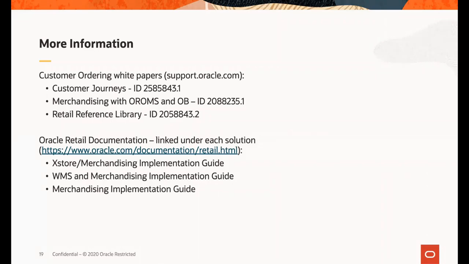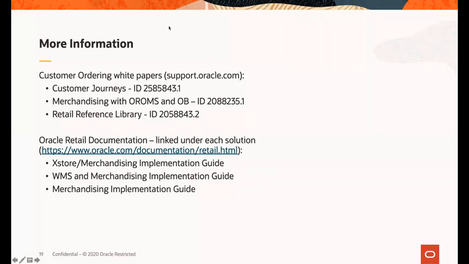And then the retail reference library, again, hopefully you already have that. There's a whole section in the retail reference architecture, as well as the retail reference model, around the journeys and how we've envisioned them being supported across the various solutions that are needed to make this process happen. So the process models have business process flows related to each of the different journeys.